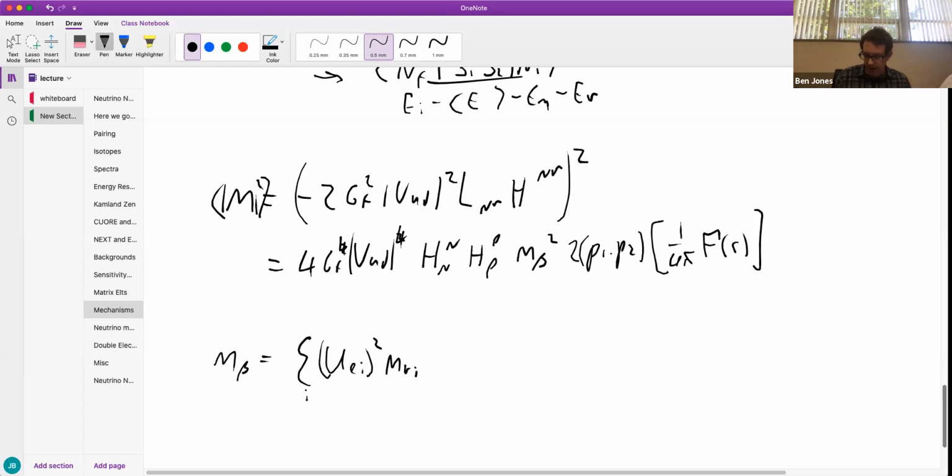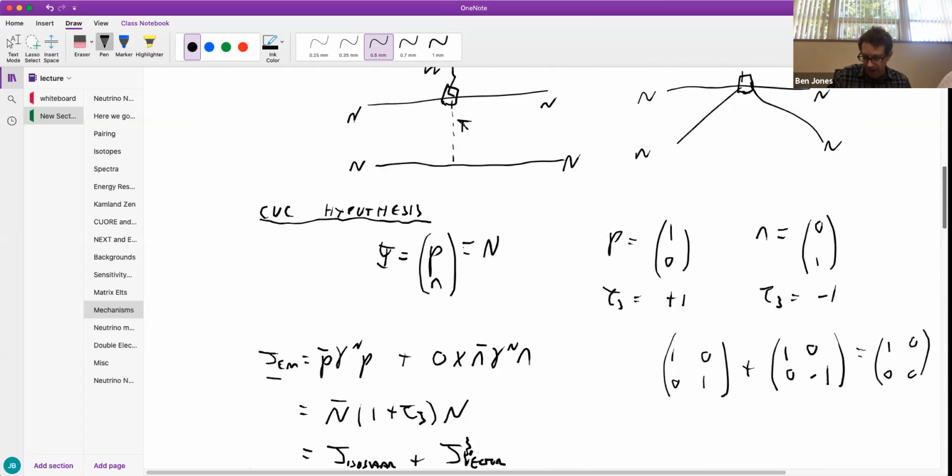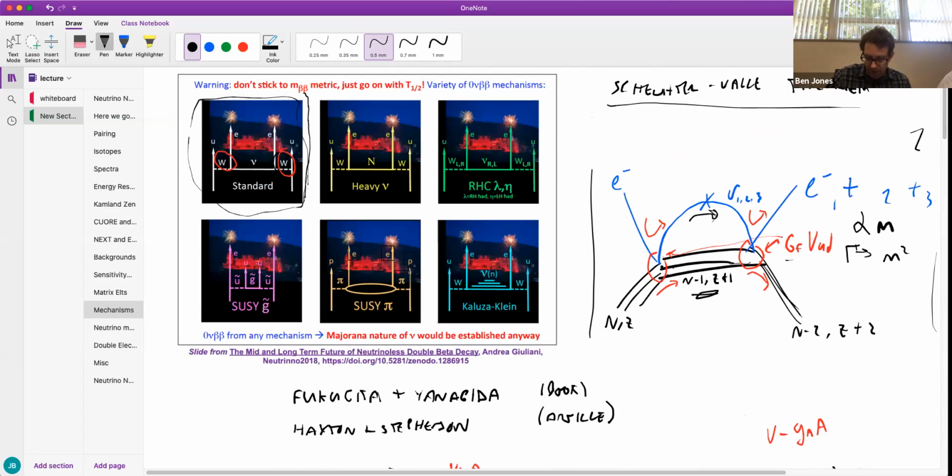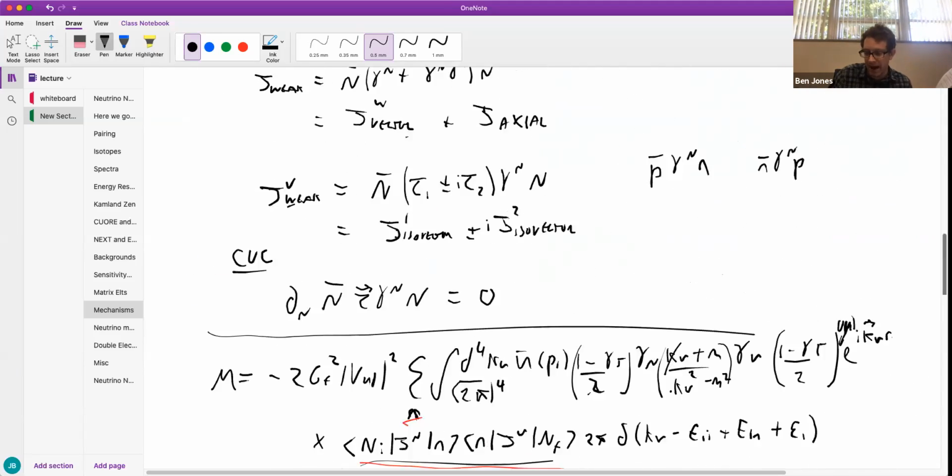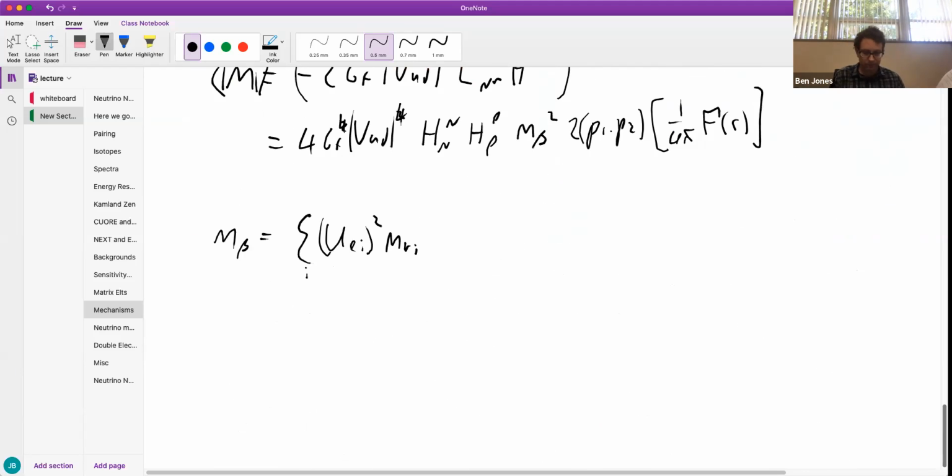The reason it has that form is because for each one of these diagrams, there's a PMNS matrix element that goes at this vertex. So it comes with 2 powers of U_ei when we add it together and square it in the amplitude. Okay. So this form can be put through the Fermi golden rule to get a decay rate.